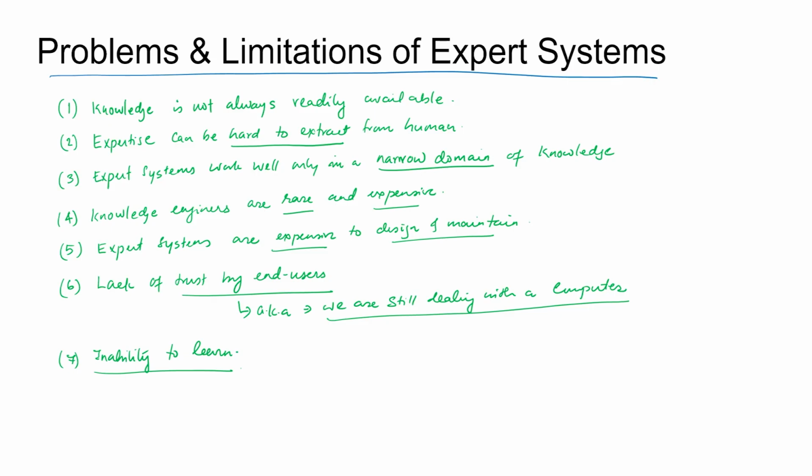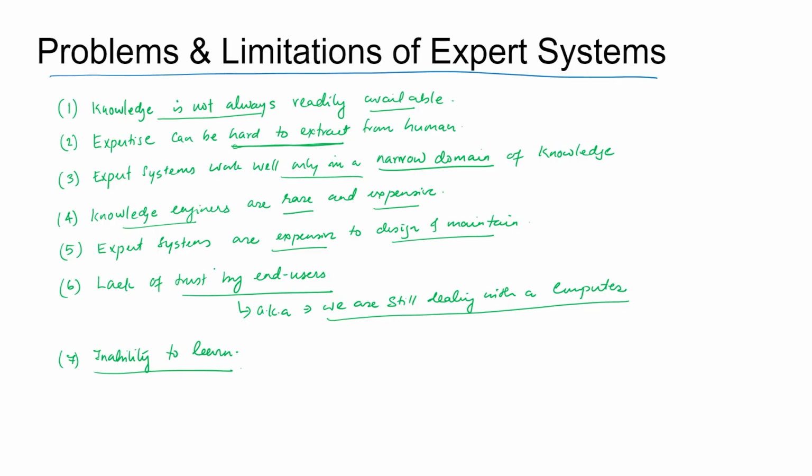So, if you look into this, the first thing is knowledge is not always readily available. That is the first problem with the expert system. Then it is very hard to extract the knowledge and expertise from human beings. That is the second aspect. Okay, and it works well only in a very narrow domain of knowledge, and knowledge engineers, the people who design expert systems, are very rare and expensive.